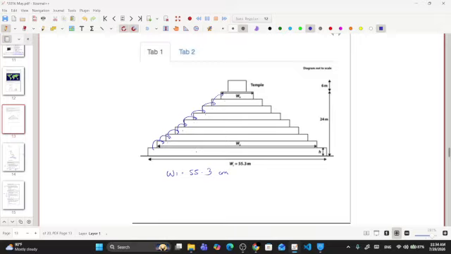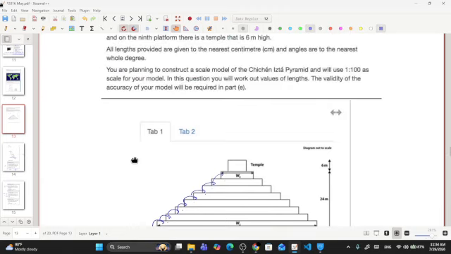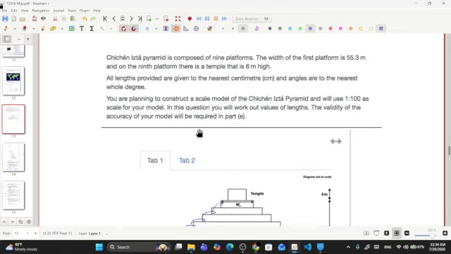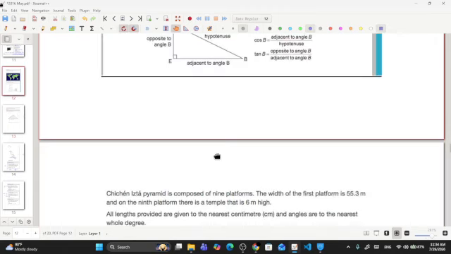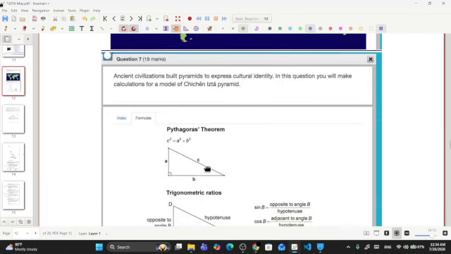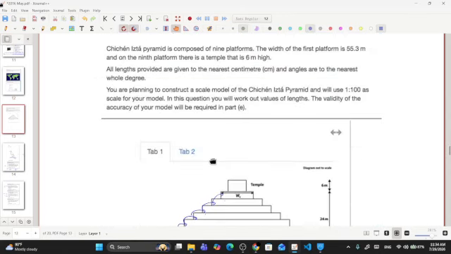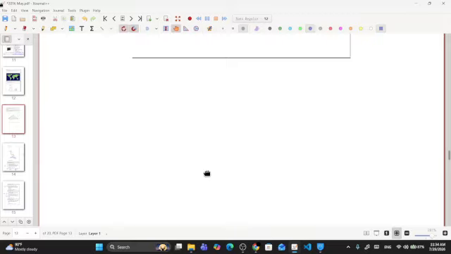At the same time, I know that these tapers that pyramids have, they're actually symmetrical to each other on both sides. I think they gave us some relevant information here as well. Did they?